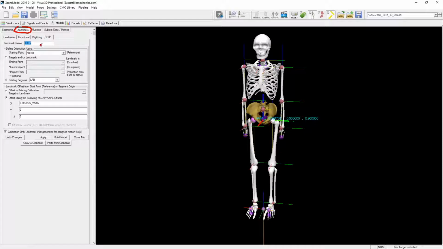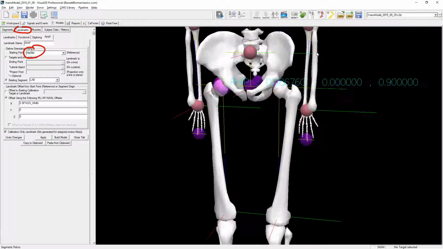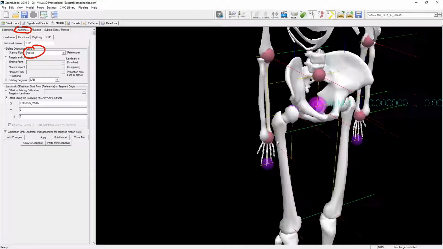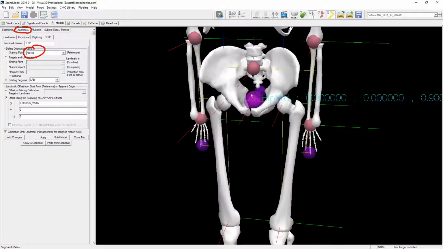What it has done is, starting from hip mid, which should be this landmark right here, you see hip mid. We will get around to talking about that. So it starts from hip mid and moves in the X direction within the lab segment, a distance of 0.36 times the width of the ASIS.